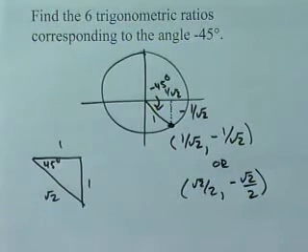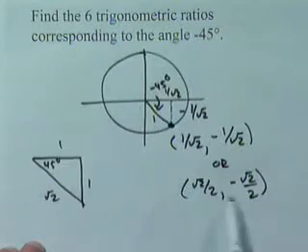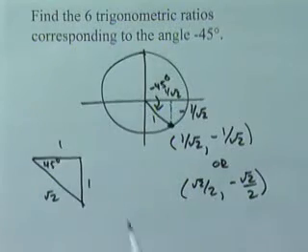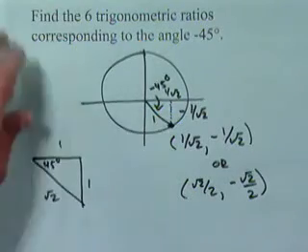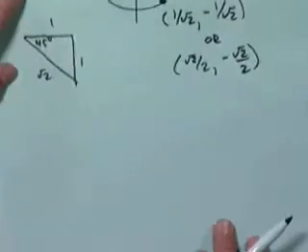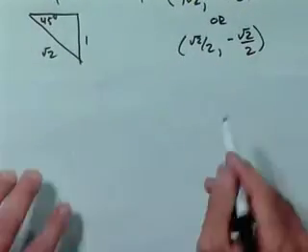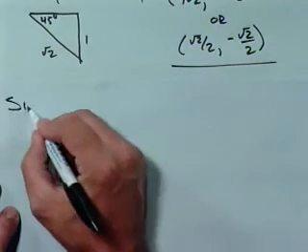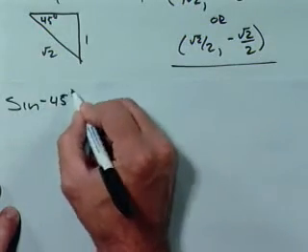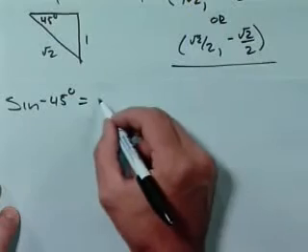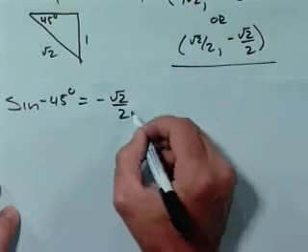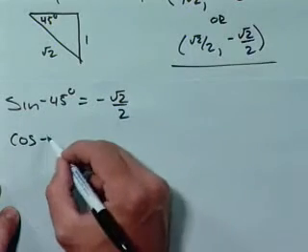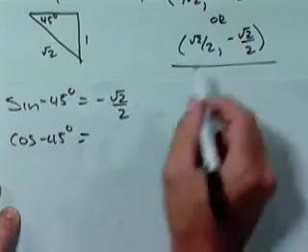All right. So again, what we've done, given that angle, we have found the corresponding point on the unit circle. And now we can go ahead and evaluate. So all I need is this, right there. Sine of negative 45 degrees, that's the y-coordinate. Cosine of negative 45 degrees, that's the x-coordinate.